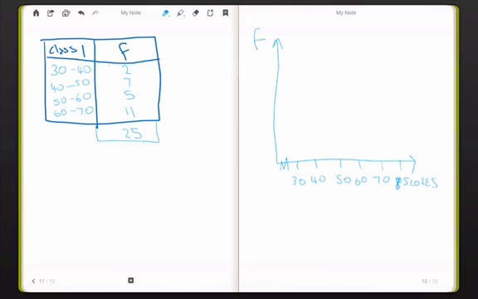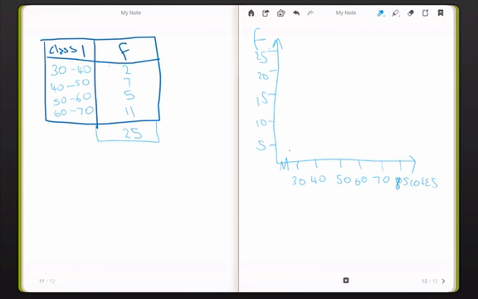So we need to have 25 scores, don't we? Let's just go up by 5s. 5, 10, 15, 20, 25, okay? You can work out an appropriate scale. So you might go up by 1s, you might go up by 2s, you might go up by 10s if you've got really big numbers. But this works for us because we only need 25.